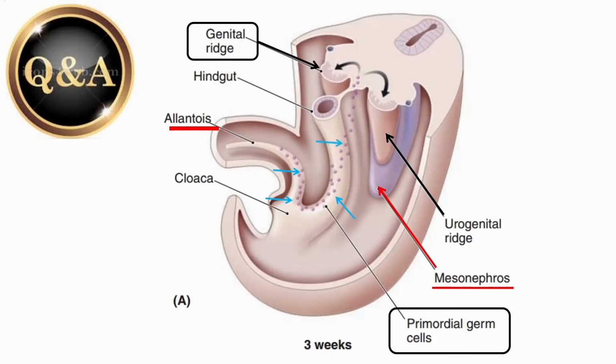They migrate. Look at the arrows. They migrate along the nearest structure to them, which is the beginning of the large intestine. And once they reach the genital ridge, they go into the mesoderm of the embryo and start to settle down in the genital ridge between the primordial cords, on both sides, of course.